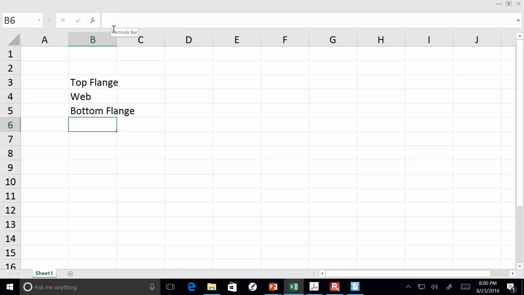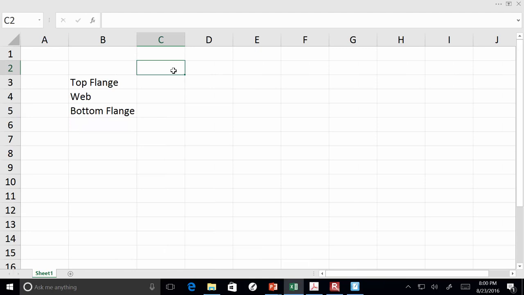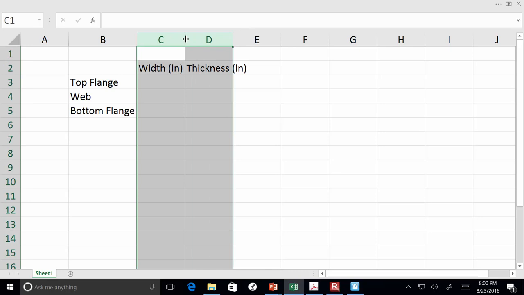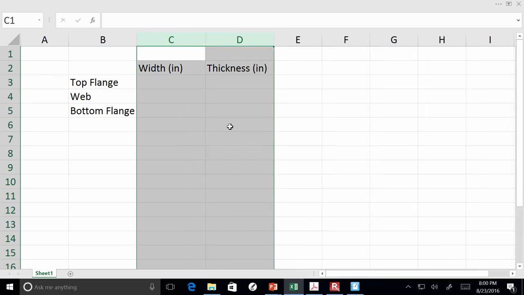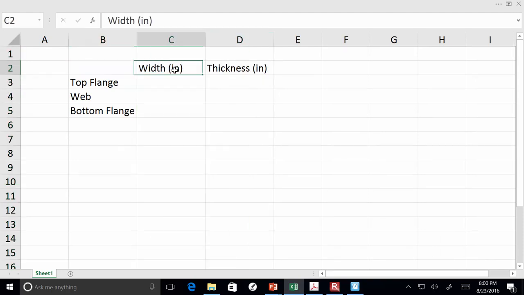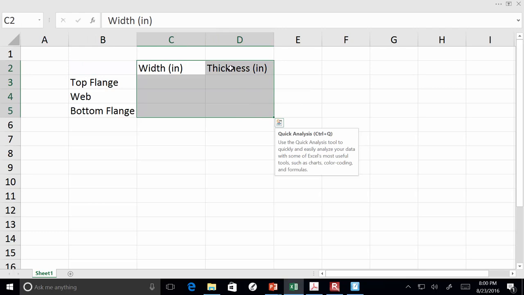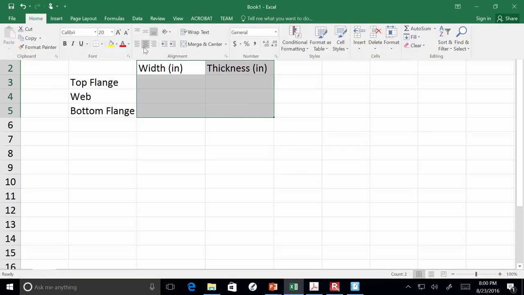So I'm in Excel, and let's see what we can do here. So we'll say width, we'll say thickness. And you all can organize this however you want when you do your own sheets. I'm just doing it for clarity here. Let me sort of center that up.